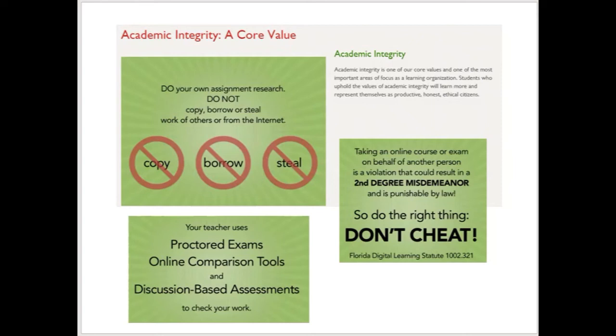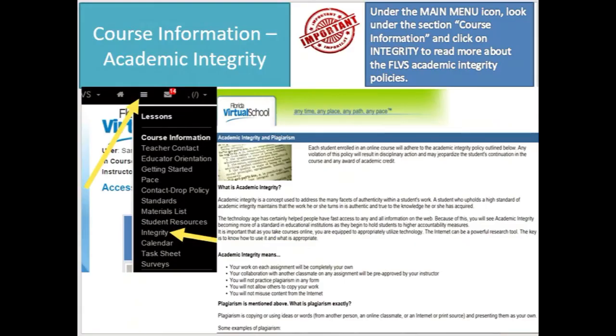In our course, you will be required to do a lot of research. Be sure that when you reference that research in your writing, you are citing your sources properly. If you are not sure how to do this, contact your teacher. You can read more about our academic integrity policies by clicking on the main menu icon, looking under course information, and then clicking on integrity.